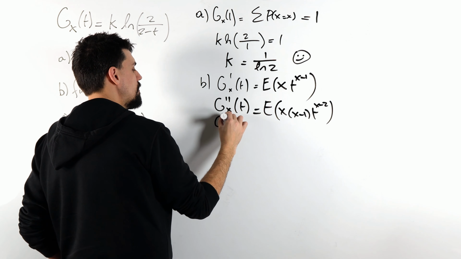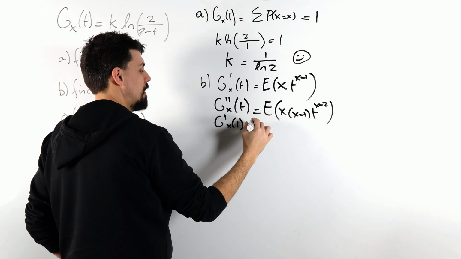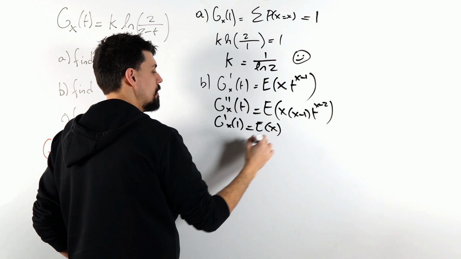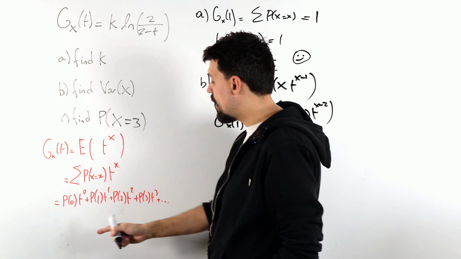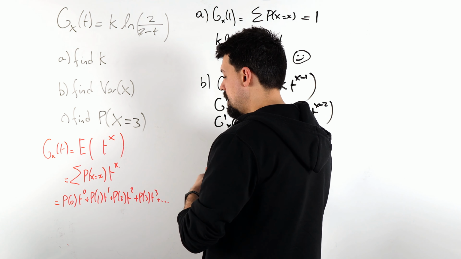Well, the usefulness here is that, of course, if I plug in 1, 1 to the power of anything is 1, so the first derivative becomes E of X. And you can try that out here.